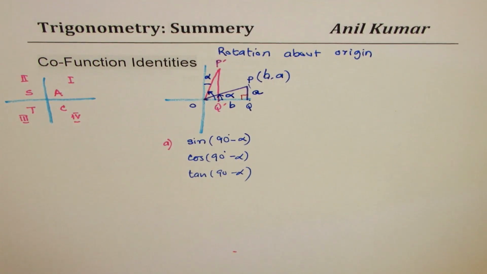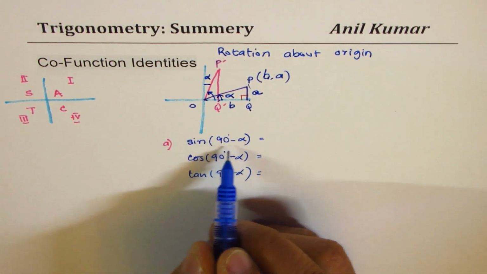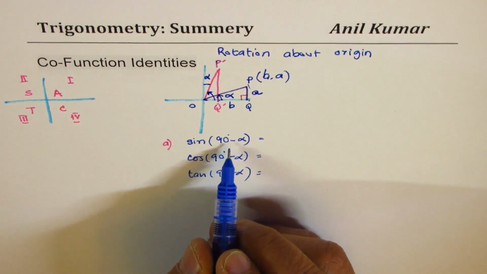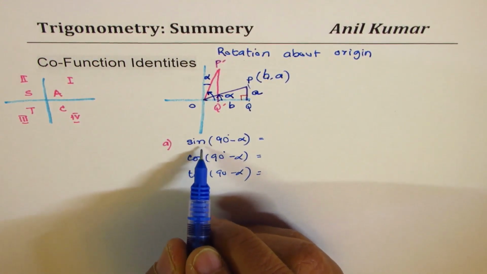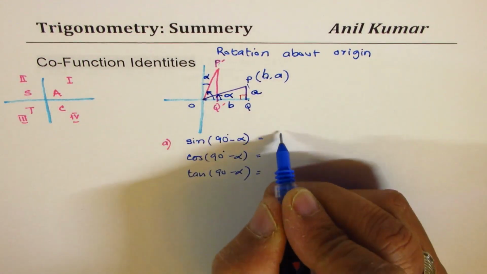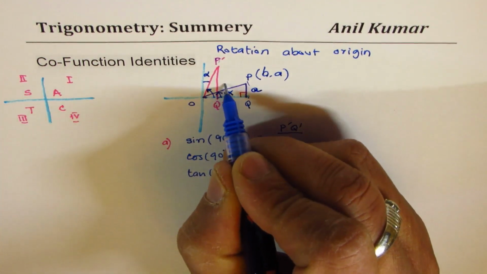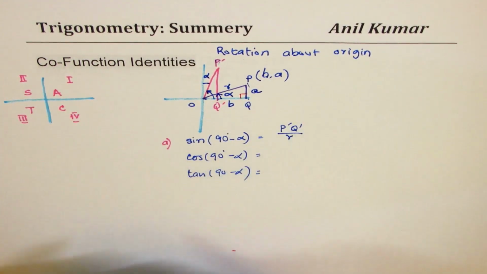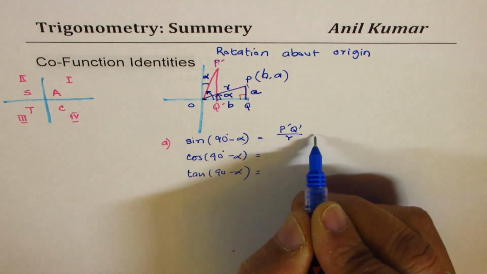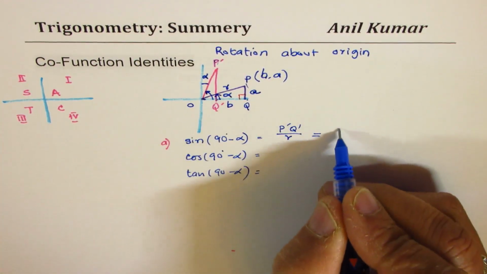So in this particular triangle, sine of 90 minus alpha is P dash Q dash over R, let's say this is R. However, P dash Q dash, this longer side, is equal to OQ.